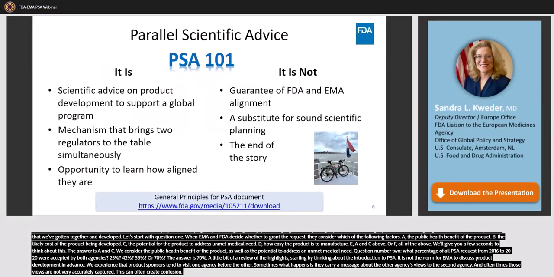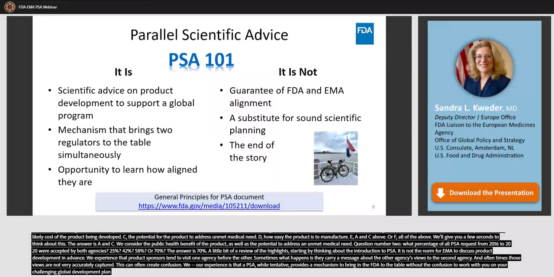So our experience is that a PSA, while intensive, provides a mechanism to bring EMA and FDA to the table without that confusion to work with you on your challenging global development plan at the same time.